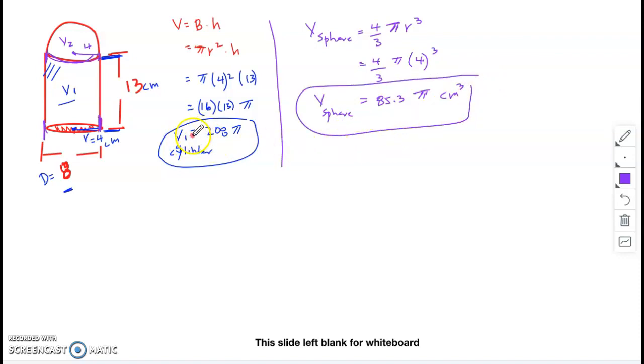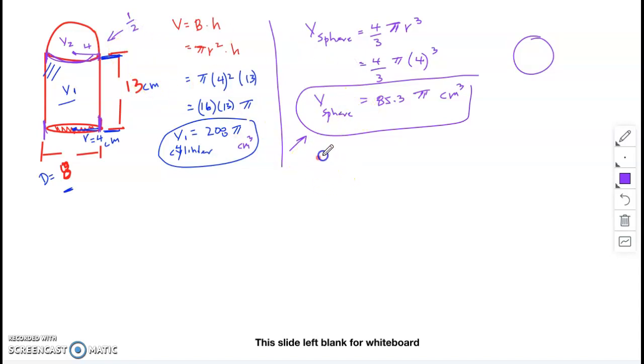The volume of the cylinder is 208 pi centimeters to the 3rd power. But what I just found is the volume of the sphere, which is the whole thing. I just need half of the sphere.